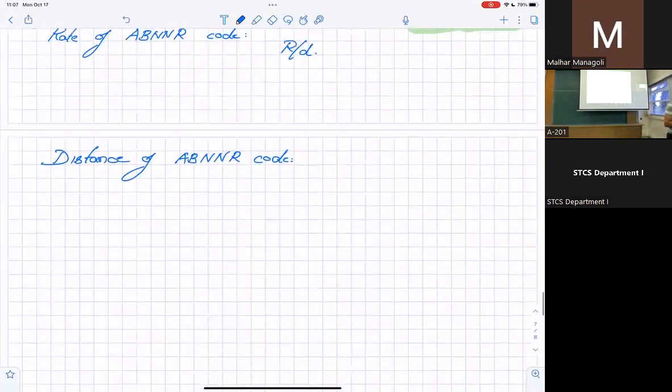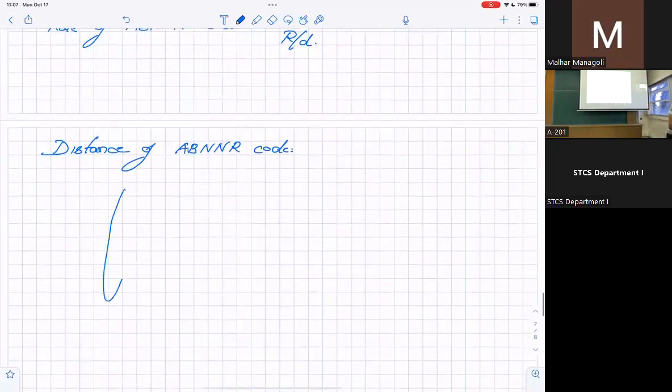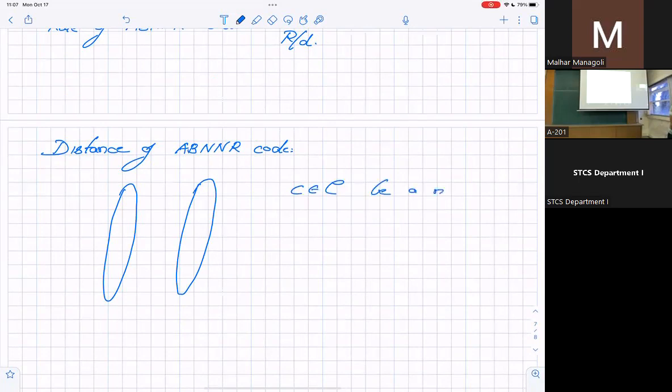So let C belong to the code be a non-zero code word, and let S exactly be those locations i in 1 to n.